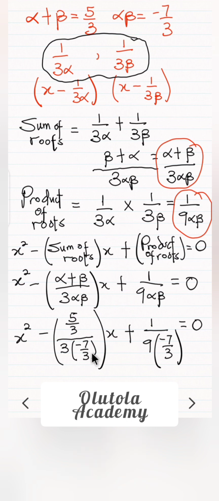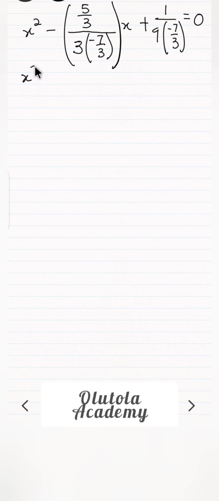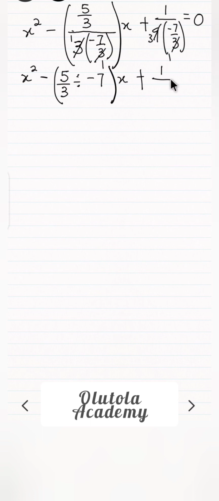So all I need to do is to work on this and I will have my equation. Before I can do that, I can cancel 3 here, 1, 3 here, 1, so I will be left with 5 over 3 divided by minus 7x, and plus, this also can cancel here 3, so I will have 1 over 3 into bracket minus 7 equals 0.